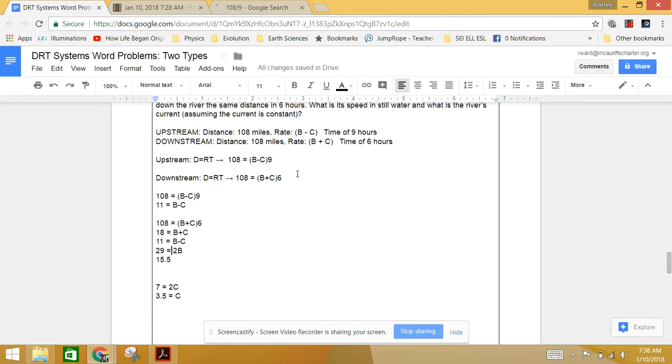Okay, so let's go back. This becomes 12. This becomes 12, which means this is 30, which means this is 15. Okay, and when I subtracted them, 18 minus 12 is actually 6. So that's not 3.5, it's 3. So mistakes happen, and so here we go.